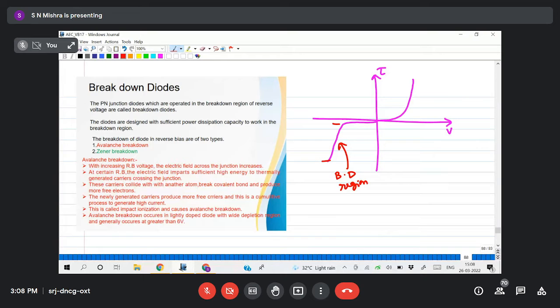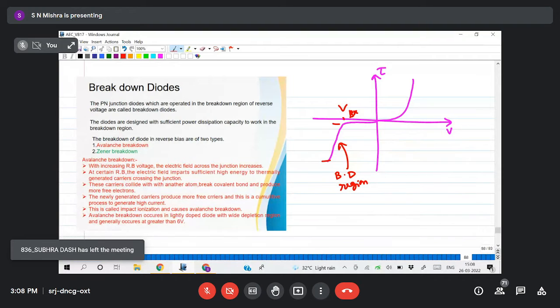Why? After this VBR, or breakdown voltage, a huge amount of current will flow and that cannot be sustained in the diode; it will burn. So that's why this is called the breakdown region.